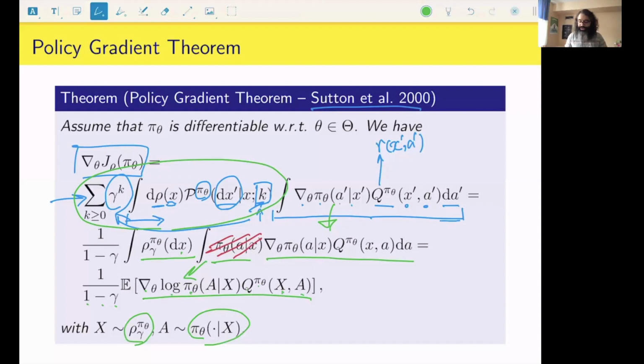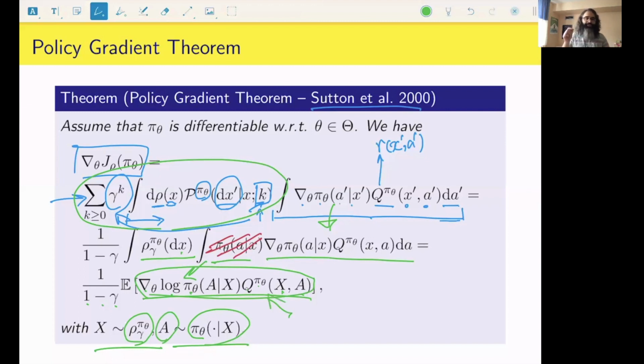All the information about dynamics goes inside these quantities, like the future state distribution. To compute the policy gradient, I only need to be able to generate samples from x and from a, and then compute this quantity. If I can generate samples from the discounted future state distribution, generate samples from a, and compute this quantity, then everything is fine.